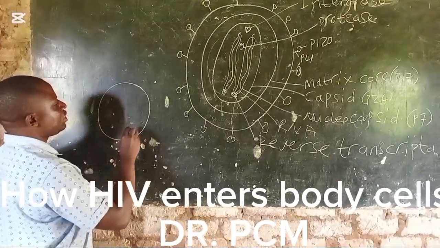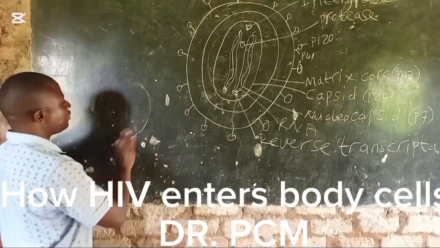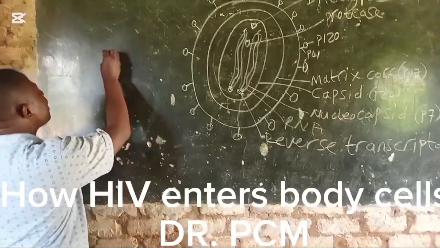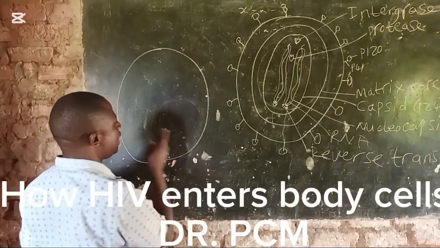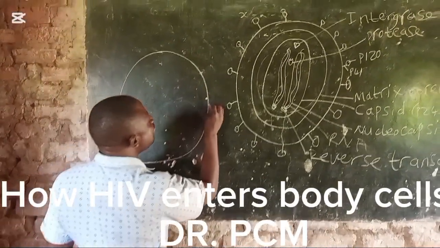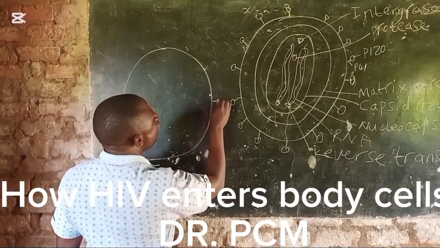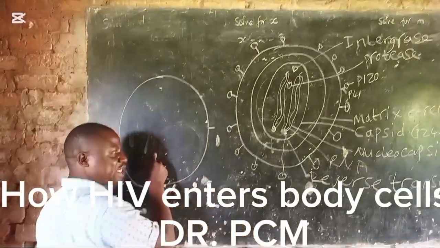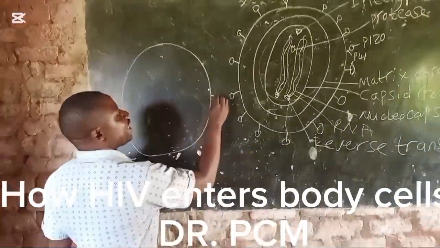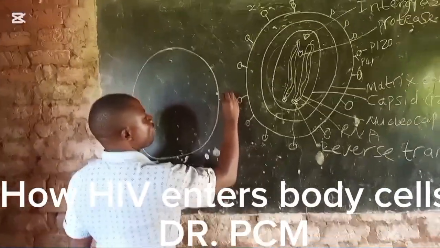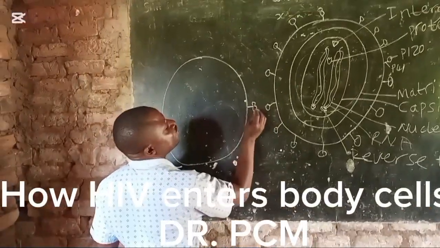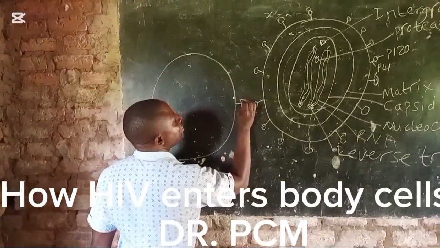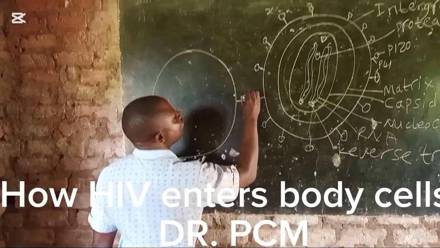So let us draw it here and see. Let's draw a bigger one. Yeah, this is our T helper cell. This big one we have drawn has a molecule which we call the CD4.